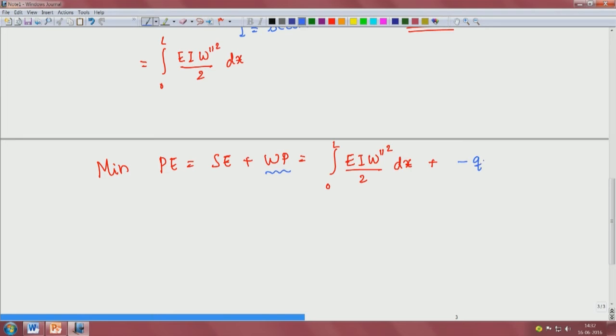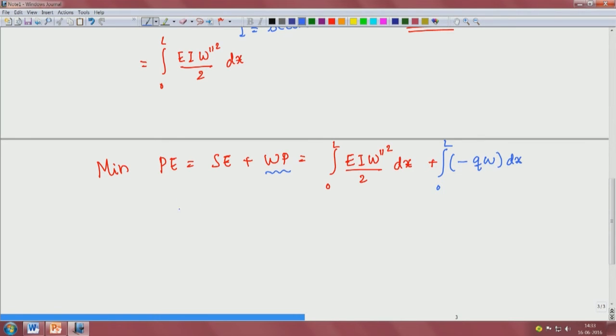The external force is here Q, and it is acting through a transverse displacement W. This also goes from 0 to L dx, because Q of x is acting, and W of x is the consequent deformation, the product of these two.